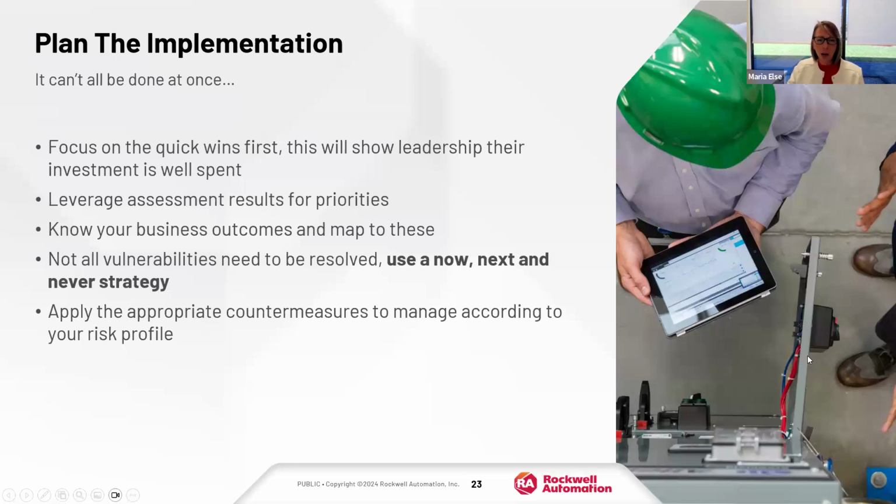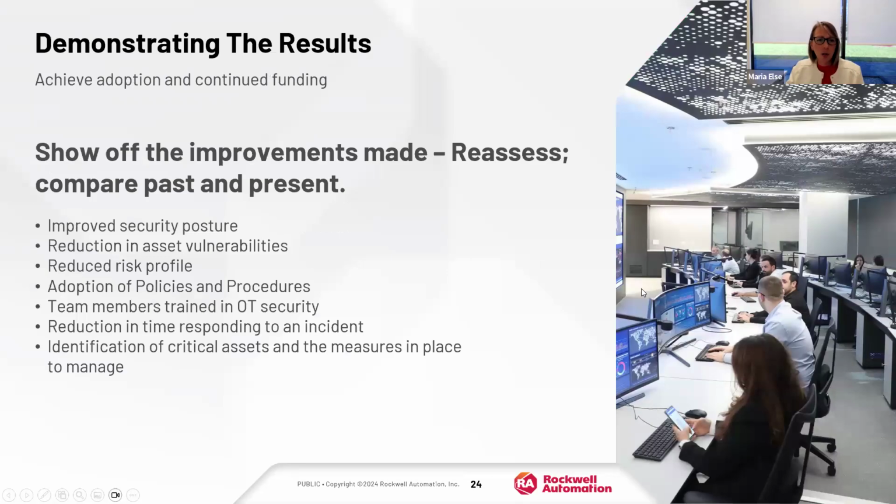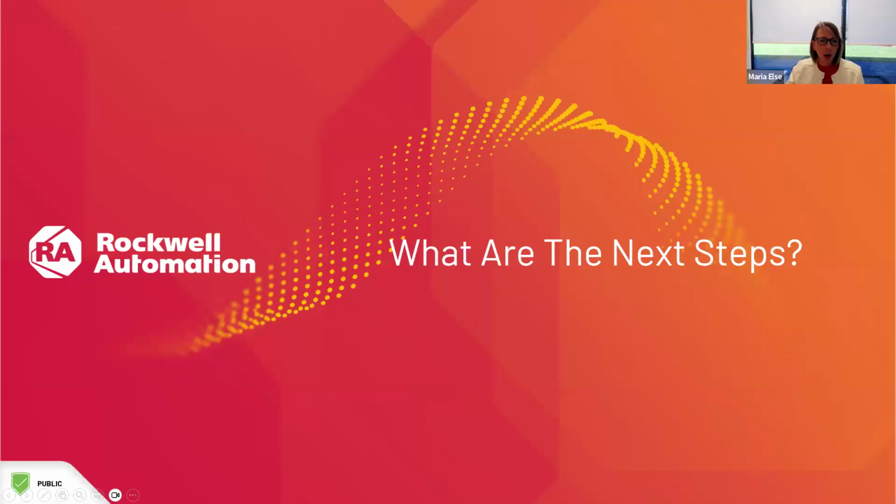I know I've got this OS that needs patching, but it's completely isolated, so it's not interacting with anything, or whatever the mitigation circumstances are. I don't need to patch it tomorrow because I know it's going to break my application, which means I won't be able to run this part of my plant. So think about the risk involved. And then apply those countermeasures according to your risk profile, which you would have understood as part of your risk assessment.